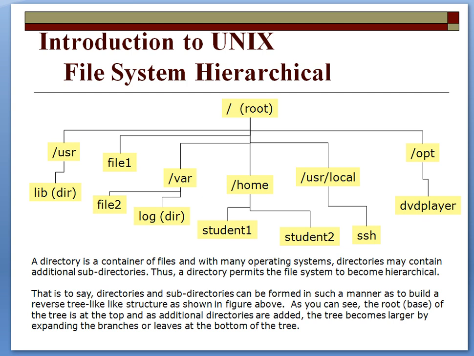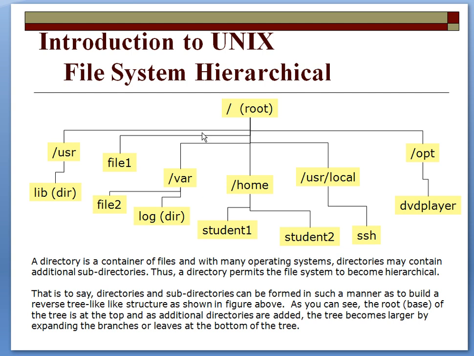This segments the disk in such a way that there's not a whole lot of defragmentation that needs to be done. It's more efficient, and there's less disk maintenance that needs to be done than on the Windows systems.